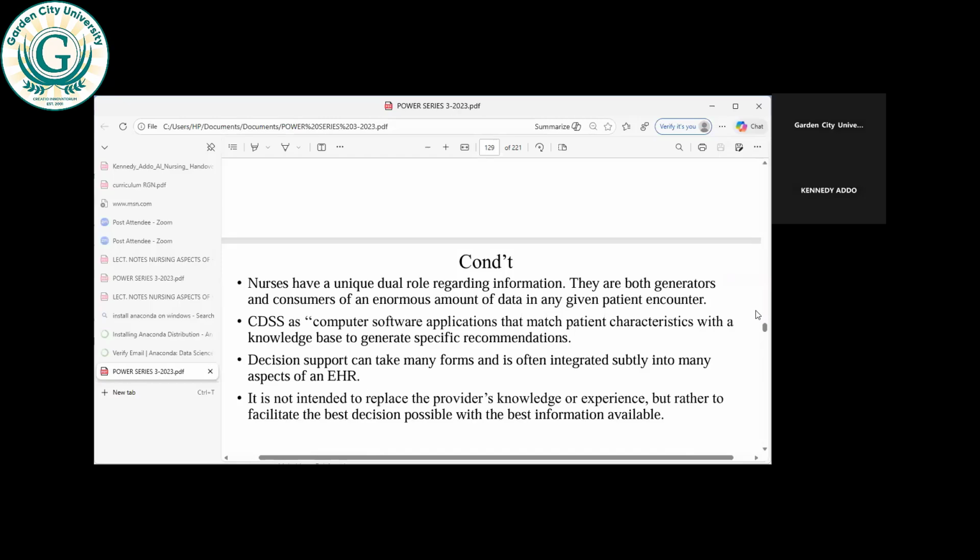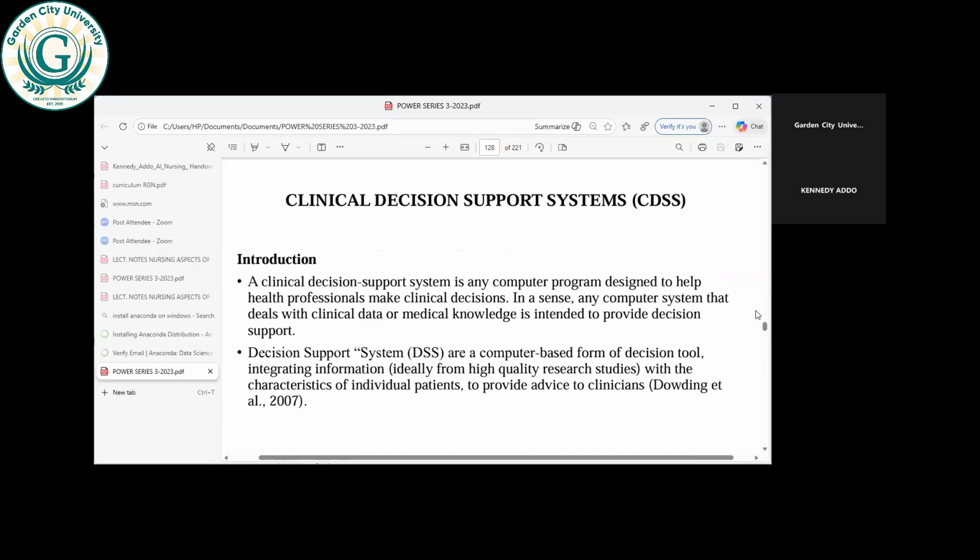Now, let's go to decision support system. Decision support system has also been part of the new trends or technology that has emerged.